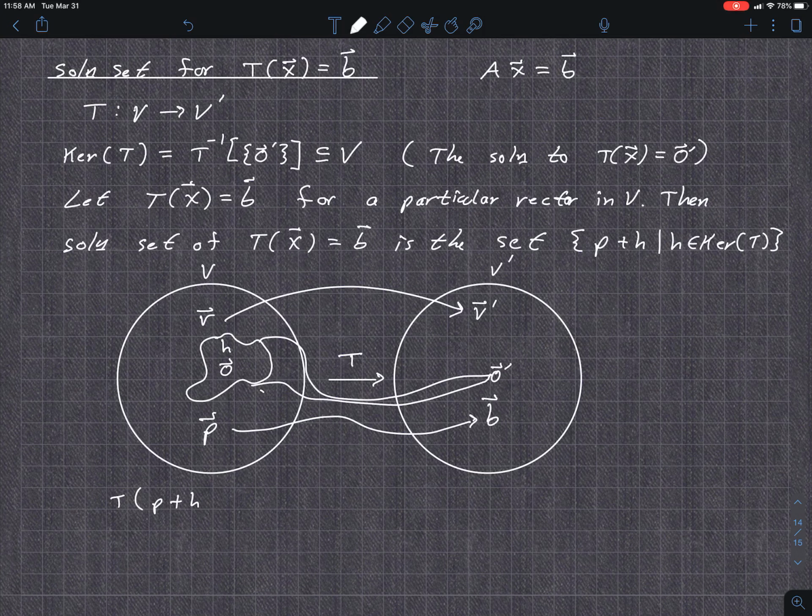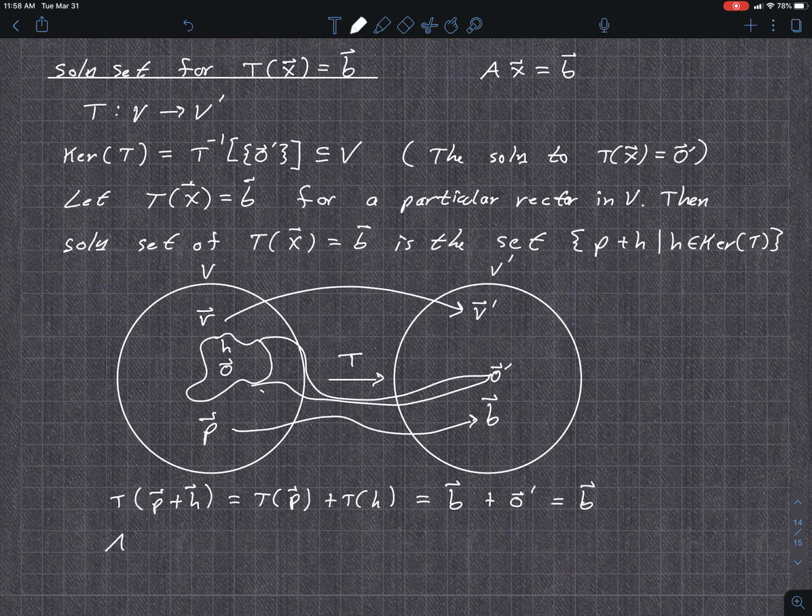So we have then T of p plus h is equal to T of p plus T of h, because that's just a linear transformation, which then is equal to b, because that's what T of p is assumed to be, your particular solution, plus 0, which is equal to b.